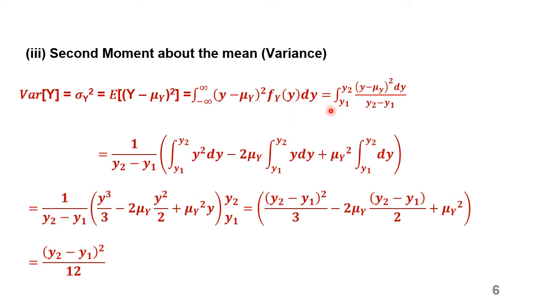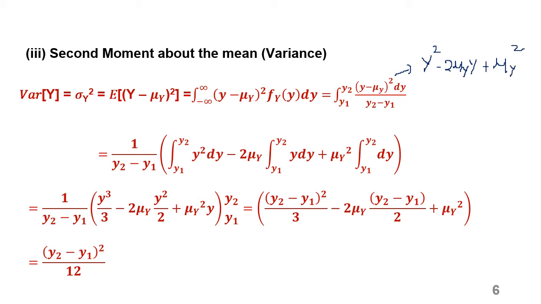That is equal to the integration of y minus mu y whole square divided by y2 minus y1 dy between the integrals y1 to y2. Now, let us try to expand this term, that gives you y square minus 2 mu y into y, and then this is plus mu y whole square.